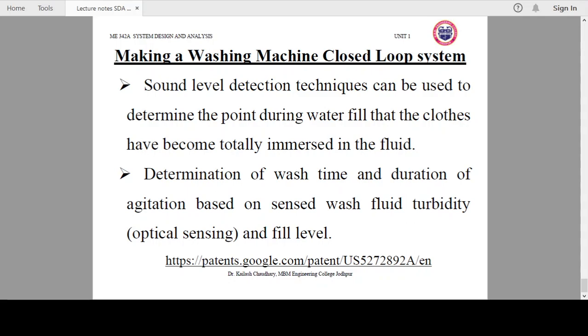Researchers are continuously trying to make more advanced machines, more control loop systems where we can control the output effectively. That makes our systems easier and less human interactive.